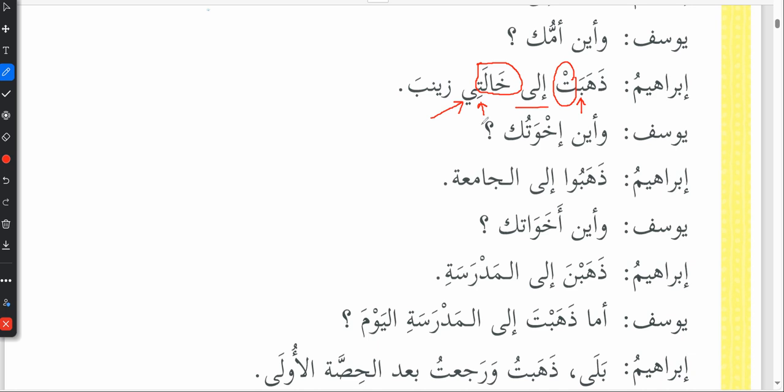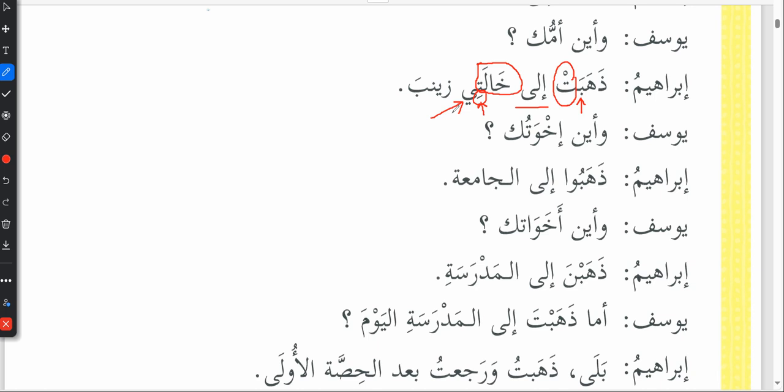Even though you see a harf jar before the noun which is attached with the ya mutakallim, in Arabic you cannot say that it is just because of that. It is in the position of ism majroor, but still it is having kasra just because of the ya mutakallim, because ya mutakallim is forcing the ta to take the kasra. So there is more action of the ya mutakallim than the harf jar.